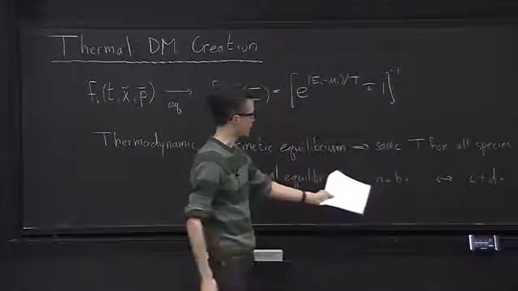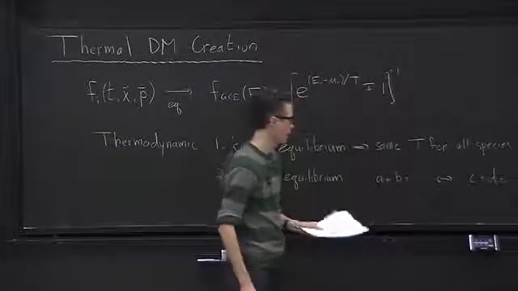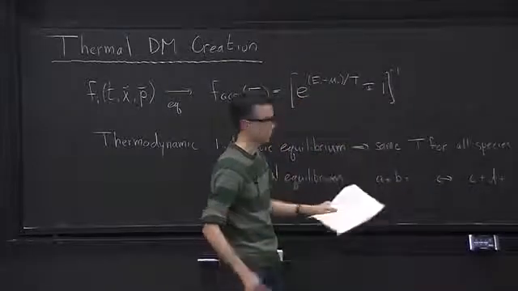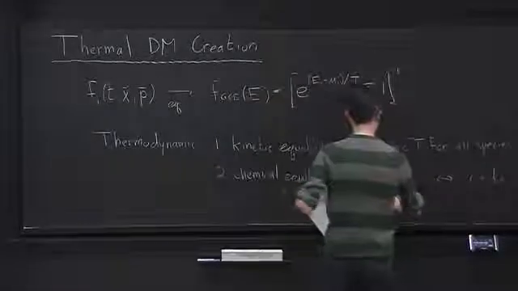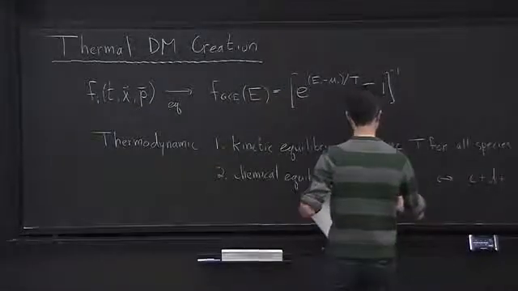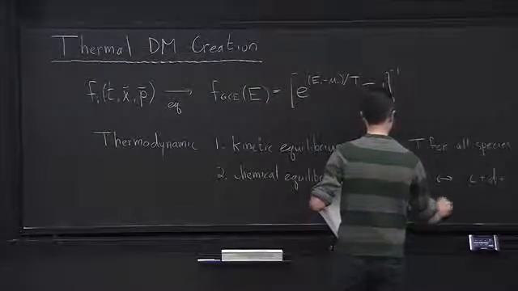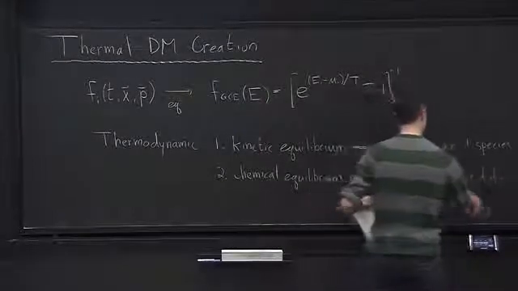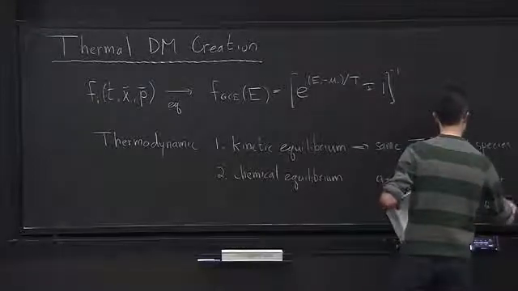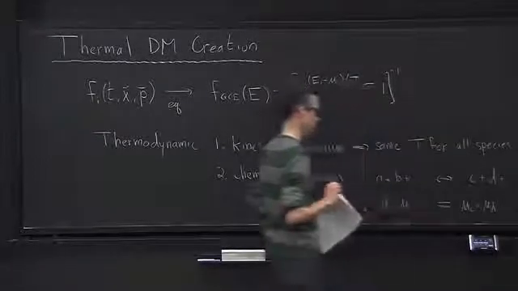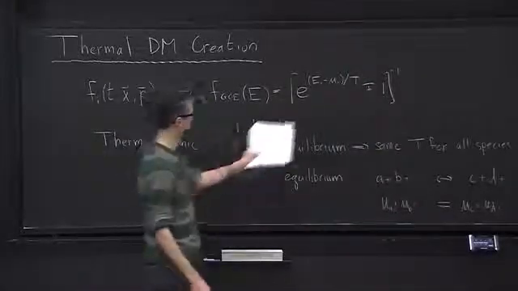If this reaction happens quickly relative to the time scale I've let the system relax over, I end up getting a relationship where mu_A plus mu_B plus dot, dot, dot becomes equal to the sum of the chemical potentials on this side. So this is what I get from chemical equilibrium, a relationship between the chemical potentials.